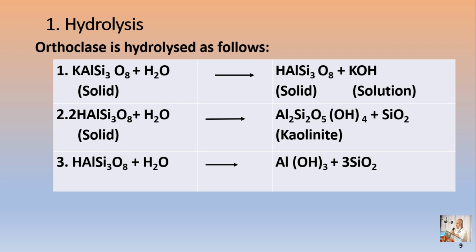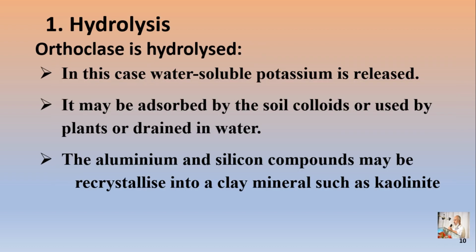The solid material further gains moisture or water, changes into kaolinite, and this again further decomposes into silicon dioxide and aluminum. Orthoclase is hydrolyzed. In this case, water-soluble potassium is released. It may be absorbed by the soil colloids or by plants or drained in water.